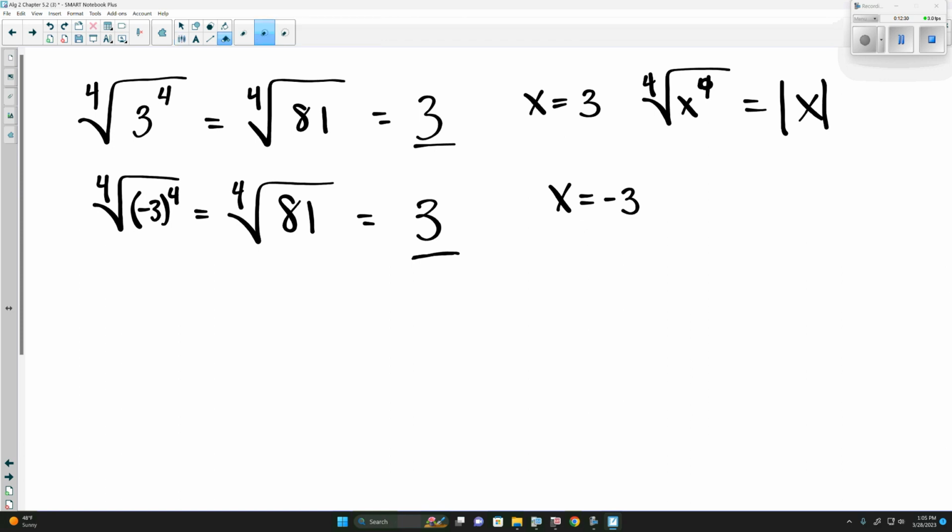Now, I'm going to erase this here. Now, if we said the eighth, I'm going to change this here just a little bit. Eighth. Now, it's not going to be 81 anymore, and that's not going to be 3.